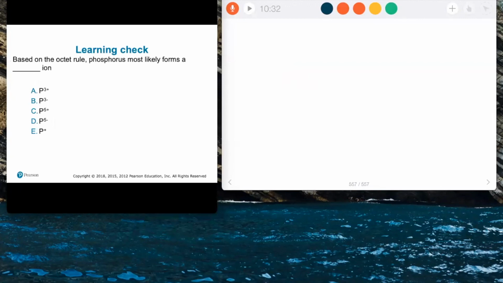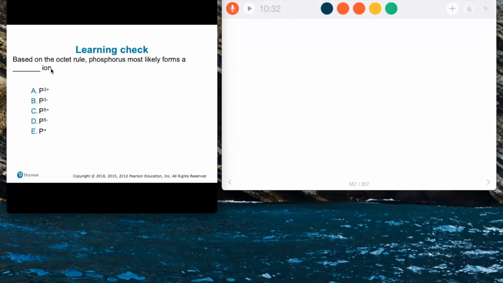Phosphorus, based on the octet rule, is most likely to form which ion? Phosphorus is in group 5, and 5 means 3 extra electrons needed. Phosphorus forms what we call phosphide.